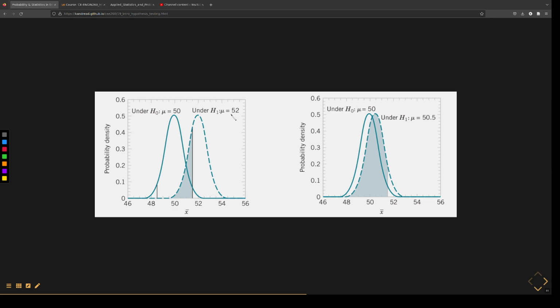Now you see that 52, what we're looking for, the type 2 error, is the probability of failing to reject H naught when it actually is not true. So we would be here in this shaded area for that probability, right? Because we have the probability here.